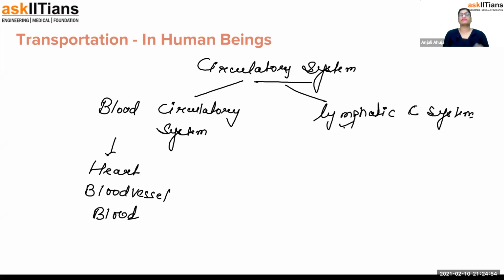In the lymphatic system, the first thing you have to understand is that the lymphatic system is a part of the immune system. This is not the immune system, this is a major part of the immune system. It has a fluid present in it which, wherever it goes in our body, protects us.